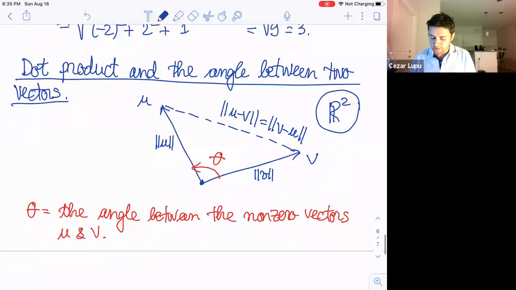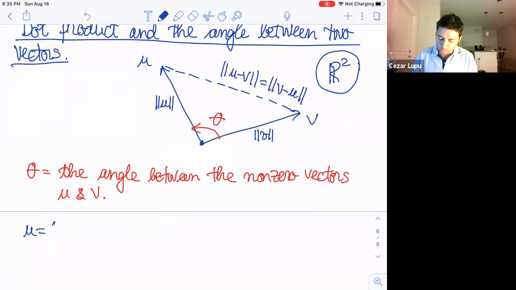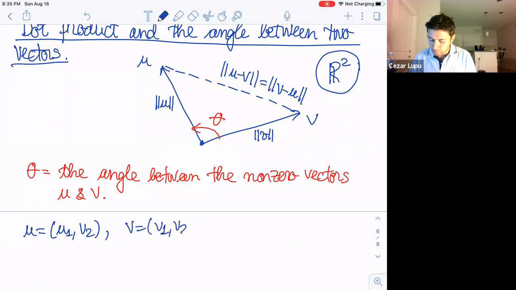And let's just say the vector u has the coordinates u1, u2, and v is v1, v2. And I want to find out the angle between these two. How should I do it?